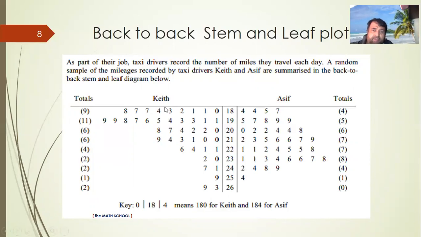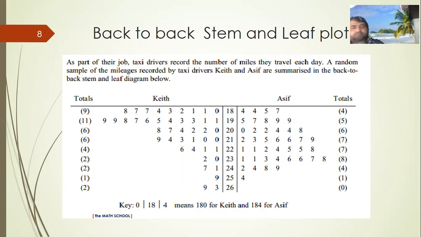So actually, maybe Asif's first data was 184, then another was 184 again, then 185, then 187. We are using the unit place value here, and 18, 19, 20 are the stems. The lowest distance of Keith was 180 miles, and Asif's was 184 miles, and the maximum distance of Keith was 263 miles.